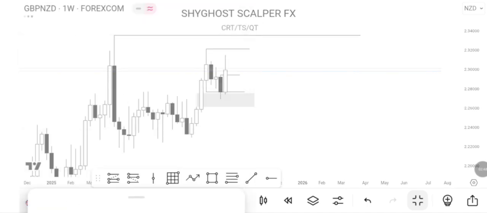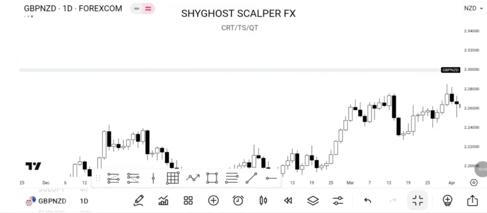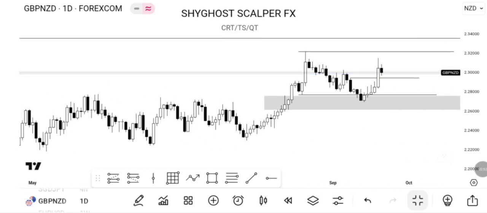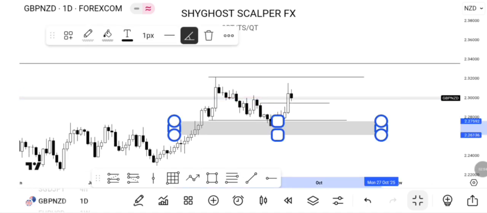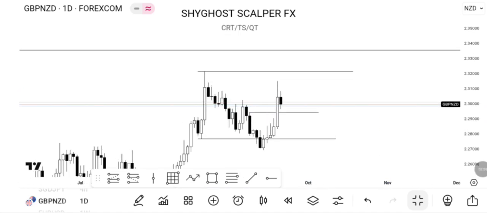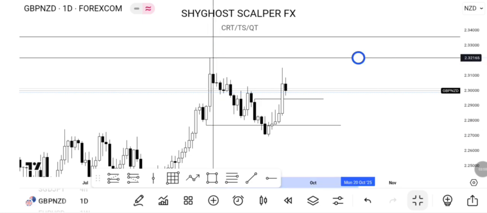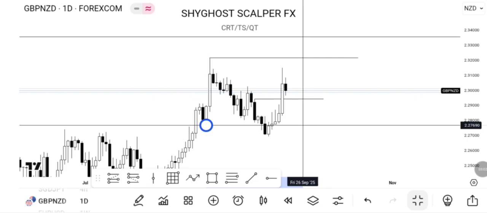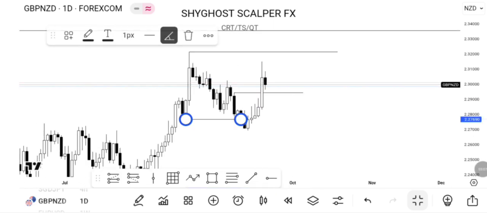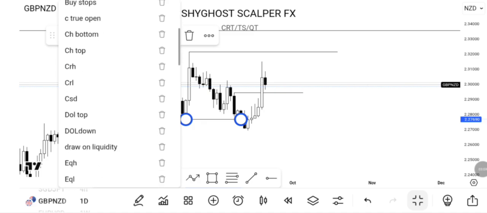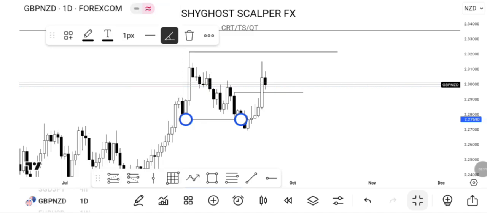So weekly is showing bullish signs, monthly bullish signs. Now we want to frame and analyze how our daily time frame looks, right? On our daily time frame, this is our key level, our higher time frame key level.